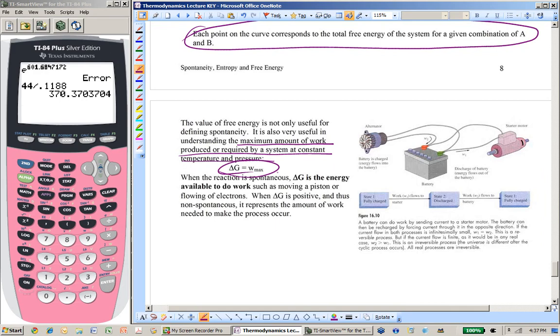So when the reaction is spontaneous, that's a good thing because delta G is the energy available to do that work, like moving a piston in a car engine, or flow of electrons in an electric motor. But when delta G is positive, it's non-spontaneous, then it represents the amount of work needed to make the process occur. So it's like recharging your cell phone battery.